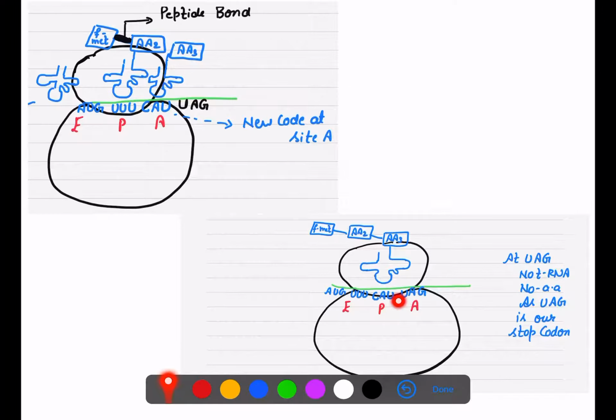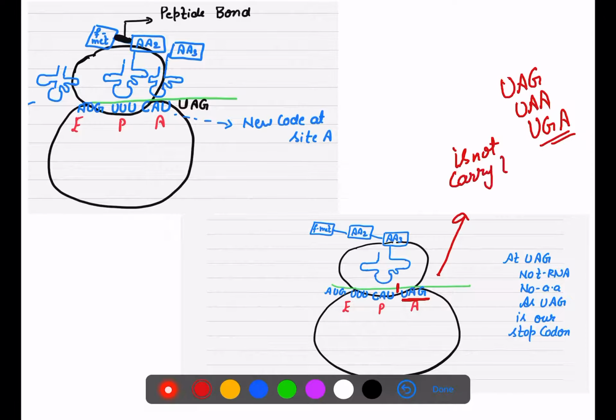And when will this chain formation of peptide bonds stop? At the stop codon, that is UAG or UAA or UGA, any one which comes in the mRNA sequence. The moment it reaches the A site, this UAG does not carry any tRNA and does not code for any amino acid, so no tRNA will be received here, and the translation process will stop.